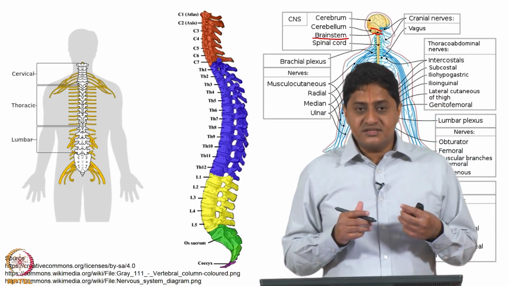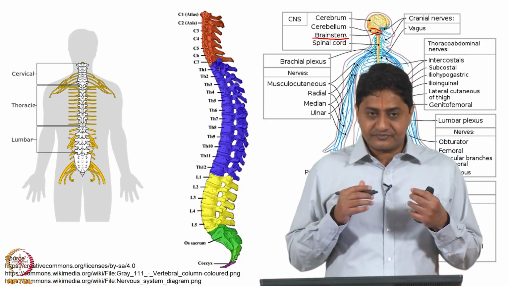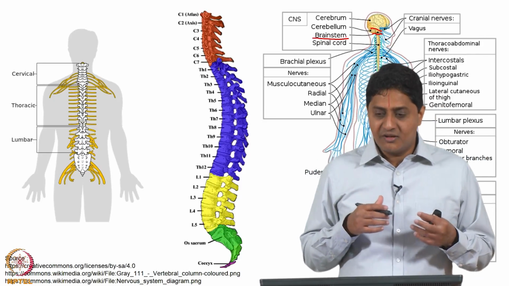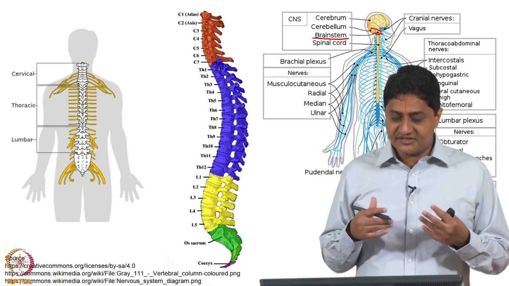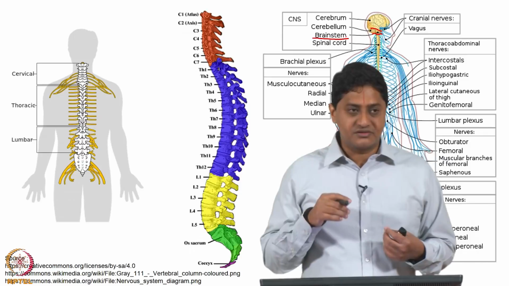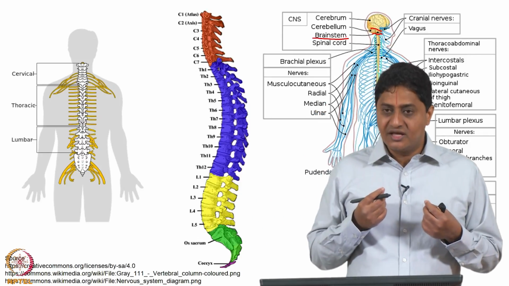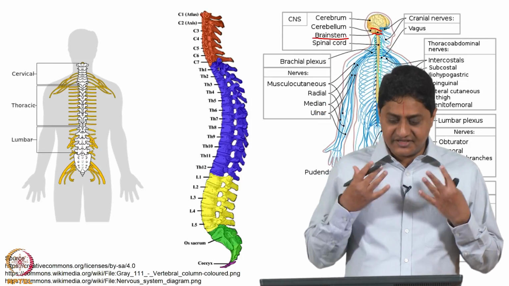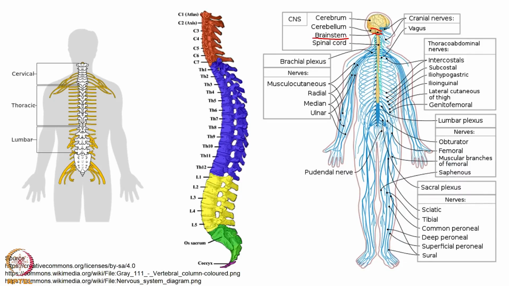Since our face houses many of the senses, what are the senses? Vision, olfaction, taste, audition, all these are housed in the face, in the head. The sensory information from these senses reaches the brain via what are called cranial nerves.